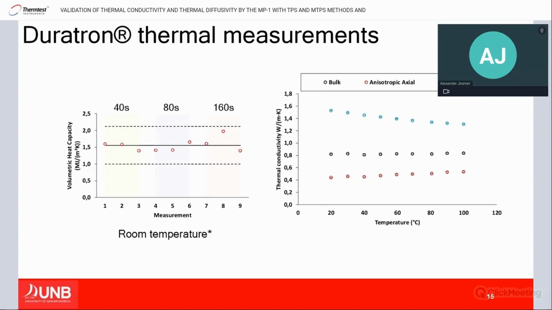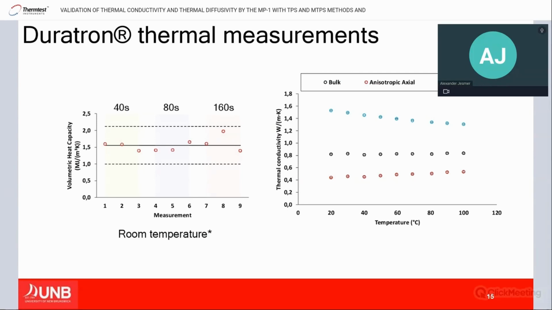So for the actual measurements of the anisotropic thermal properties, we'll use the 40 and 80 second volumetric heat capacities that we measure. And when we plug those into the equation and solve for both anisotropic axial and anisotropic radial thermal conductivity, we find significantly different values than the bulk value.